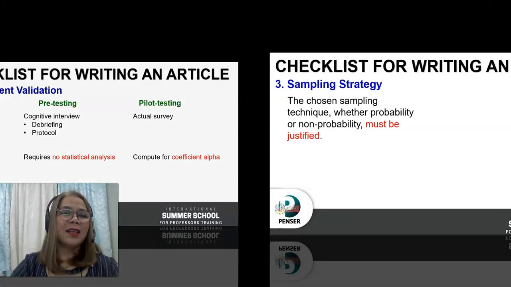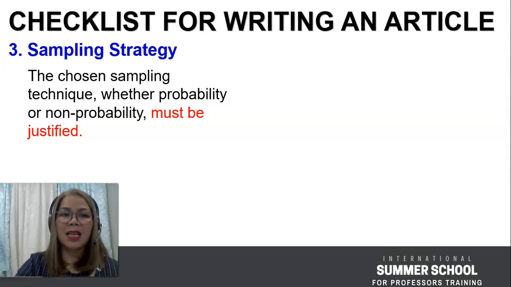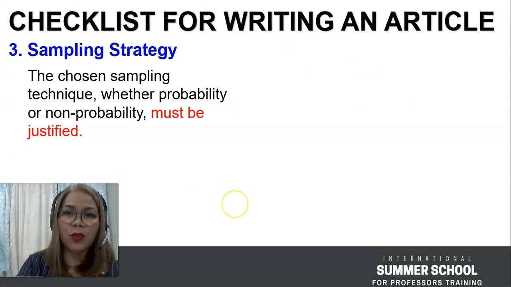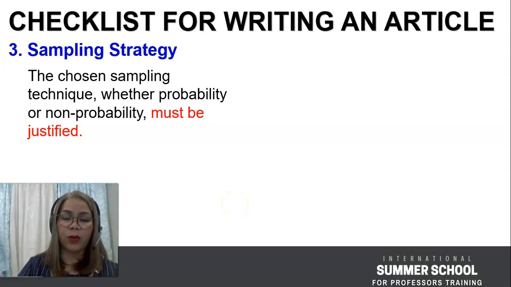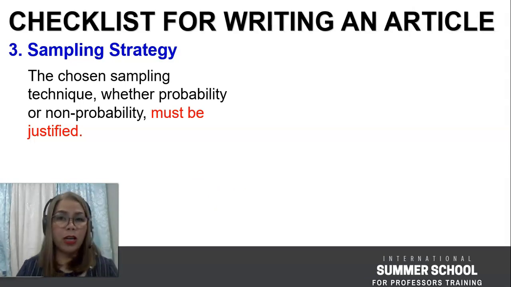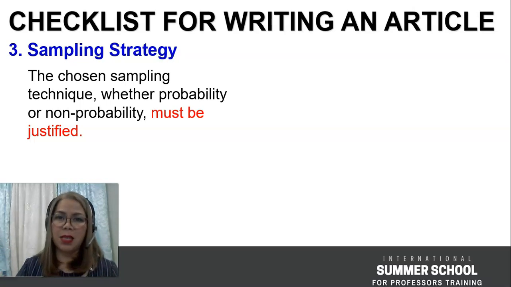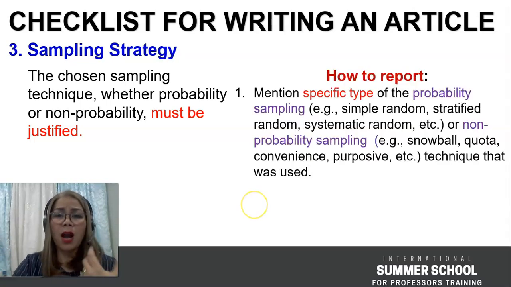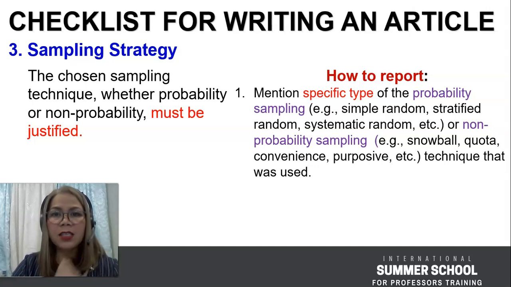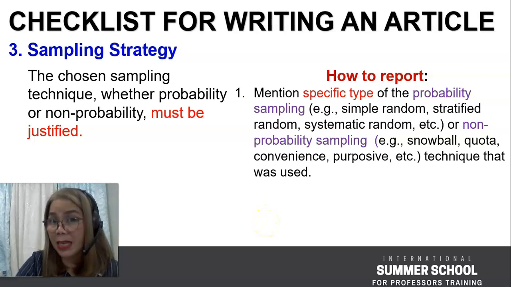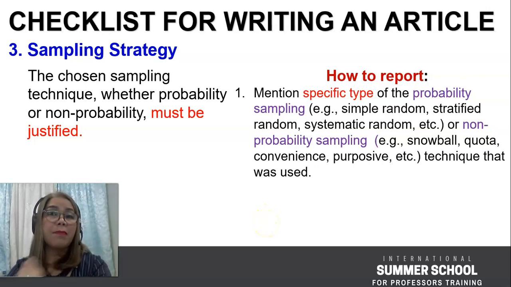All right. The third one is the sampling strategy. The chosen sampling technique, whether probability or non-probability, in your study must be justified. So, how do we report the sampling strategy? Scholars suggest that we need to mention what is the specific type of probability or non-probability sampling.